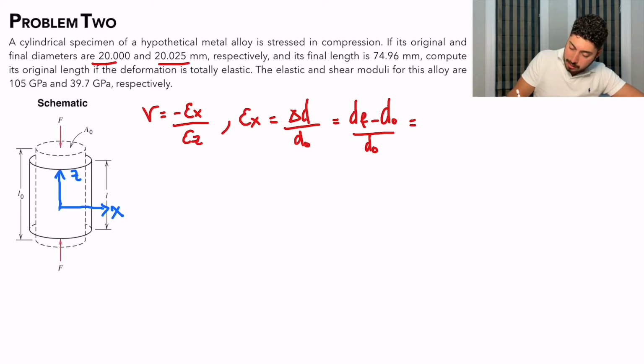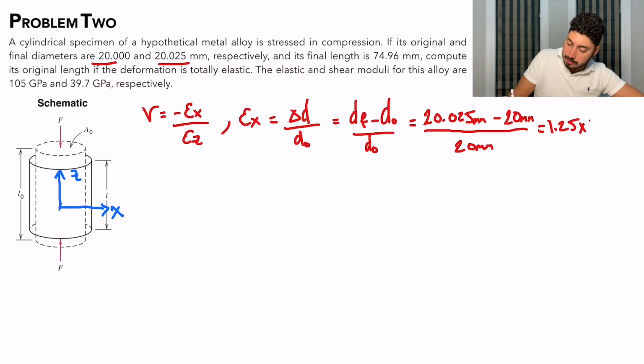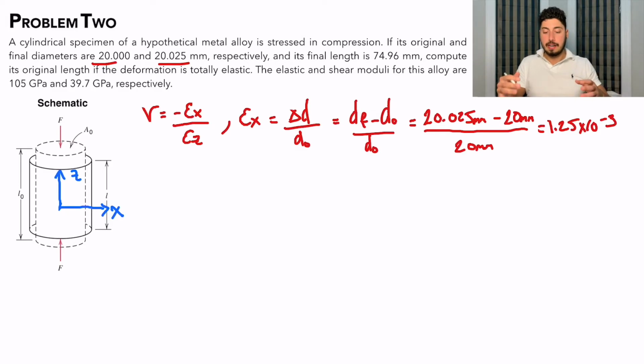So we can say that our final diameter is 20.025 millimeters minus 20 millimeters all over 20 millimeters. And this is going to equal a value of 1.25 times 10 to the minus 3. Again, we're dealing with strain, so it's unitless. So we've calculated our strain in the x.